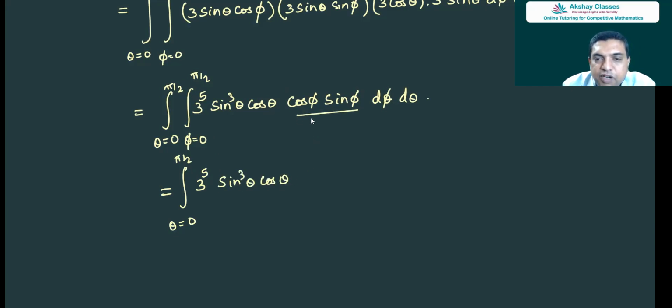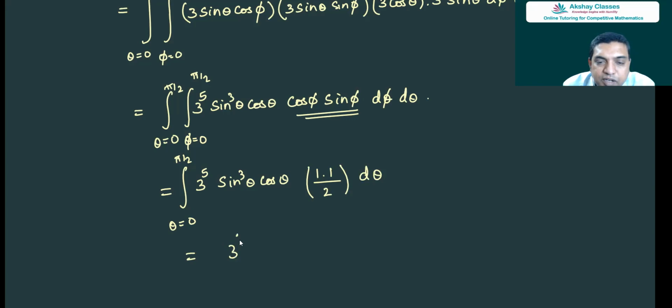So Wallis formula for this, if we do, we get 1 into 1 by 1 plus 1, 2. So 1 upon 2, or direct integration.